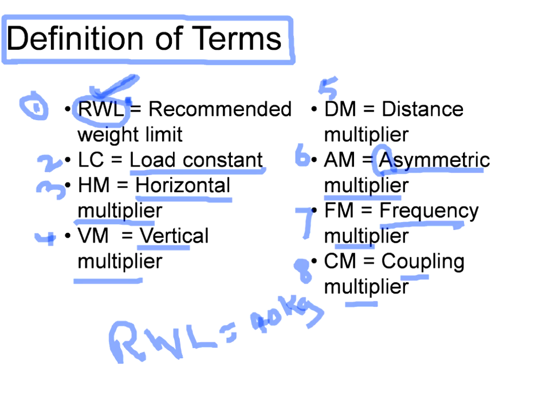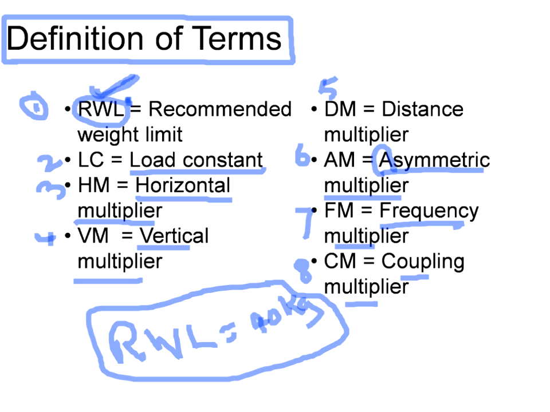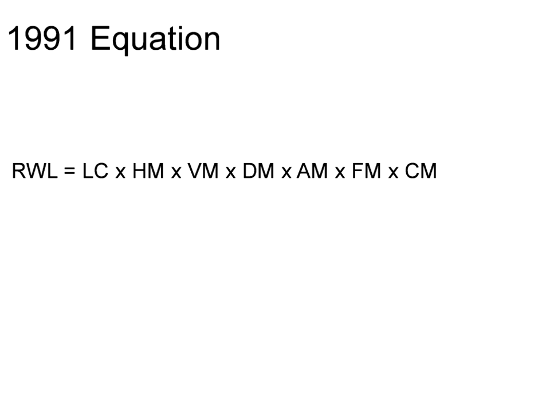Now we have to find this recommended weight limit, how to calculate it. Once you know the value of the recommended weight limit, then we can tell the laborers this is the maximum load.